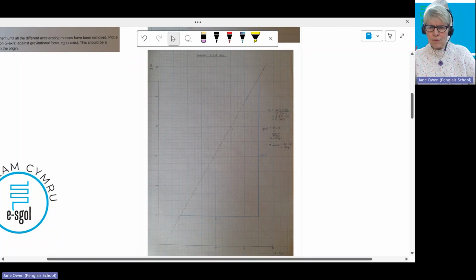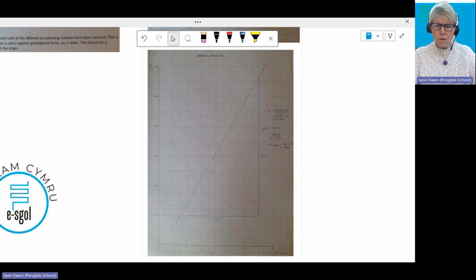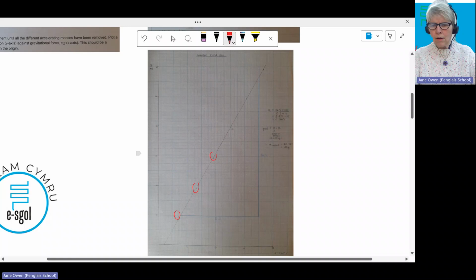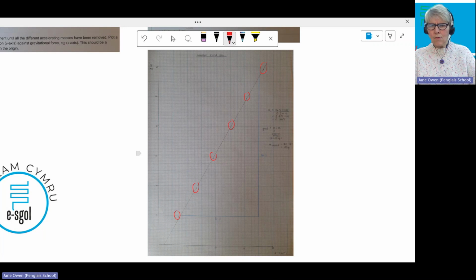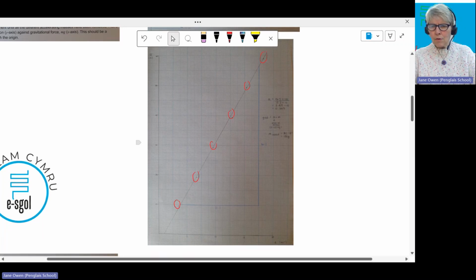And this person has got really quite a good line of best fit. We've got 1, 2, 3, 4, 5, 6. WJEC minimum number of points is usually 5, but 6 is a good number in case we have an anomalous result that we either have to check again or ignore from our line of best fit. And so we've got 6 results there.